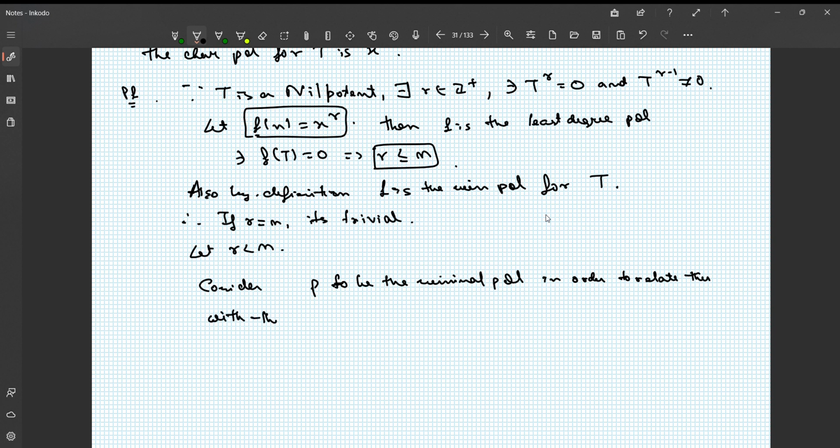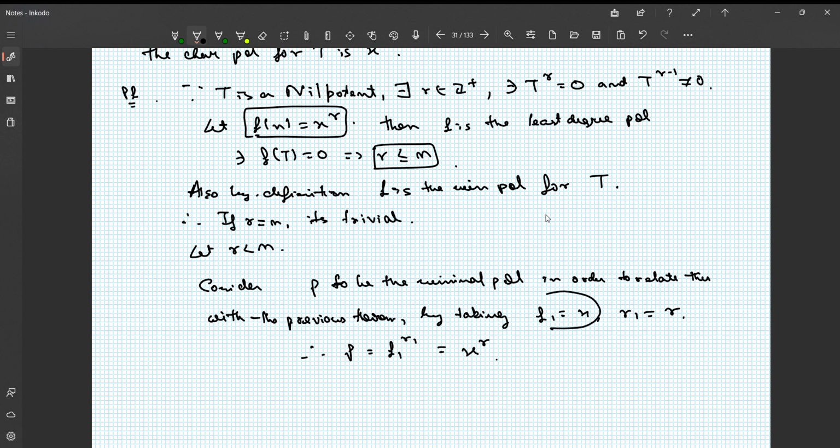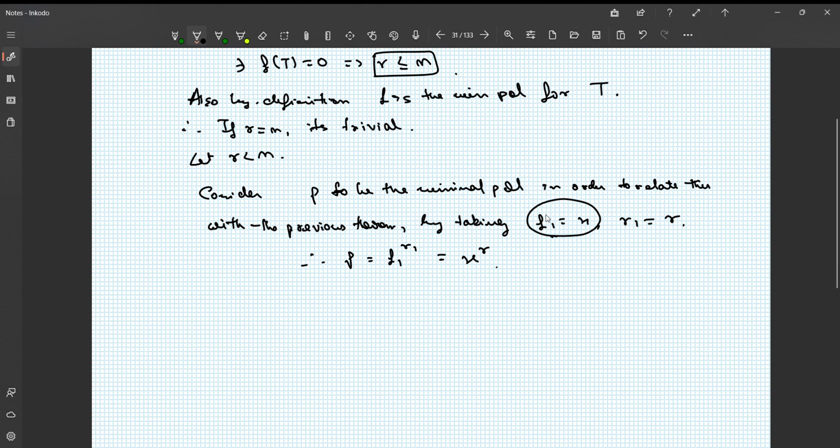So how are we trying to relate this? By taking f1 to be x and r1 to be r, right? Therefore, p has this prime factorization of f1 to the power r1, which is exactly equal to x to the power r, and it's obvious, right? And this is clearly a prime element. It's an irreducible polynomial, abiding by the definition of a prime element in F[x].